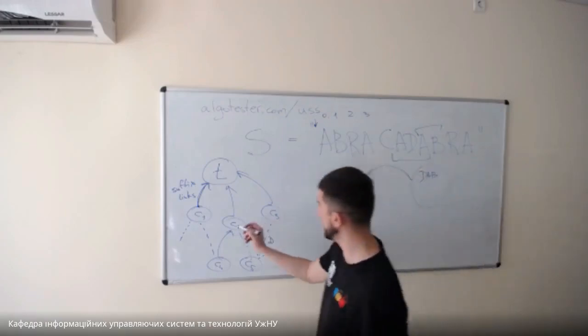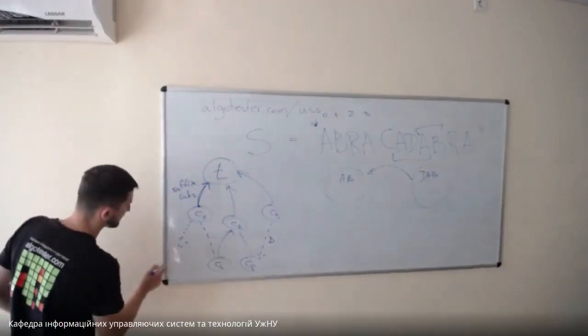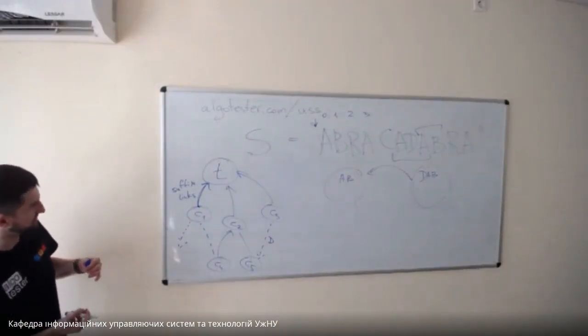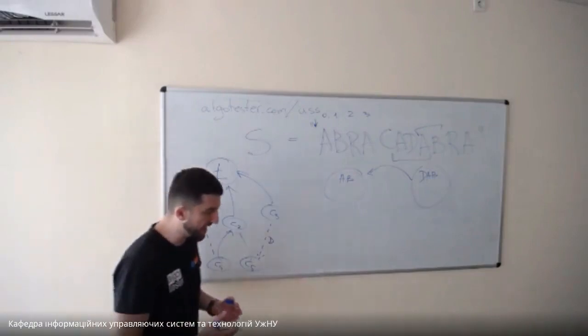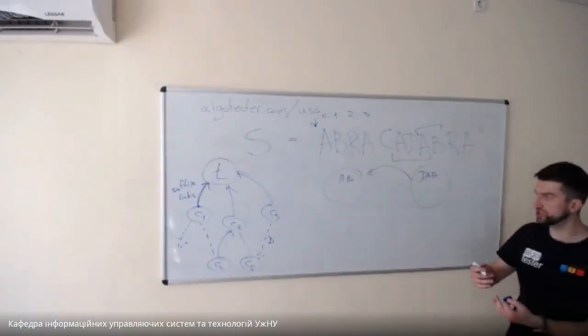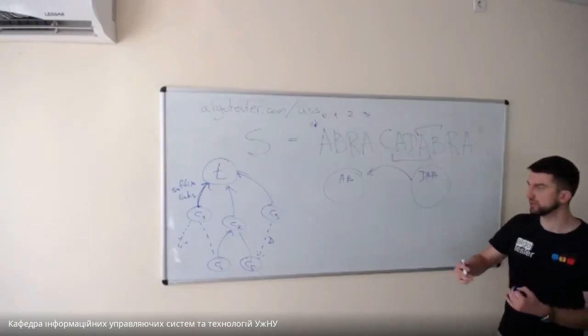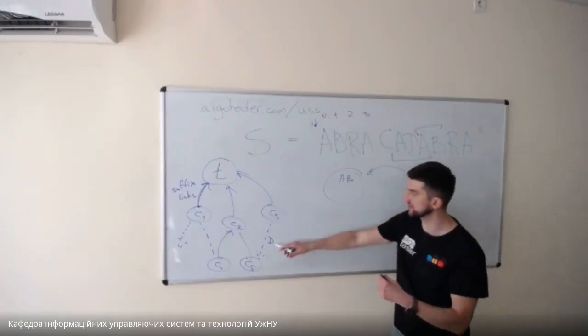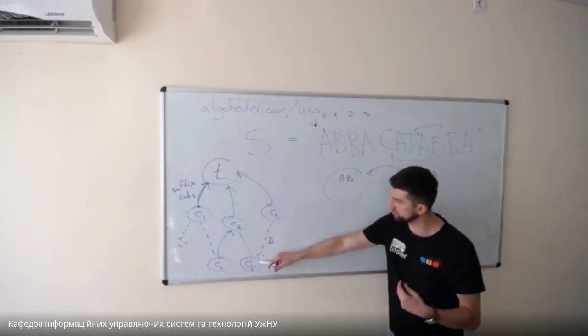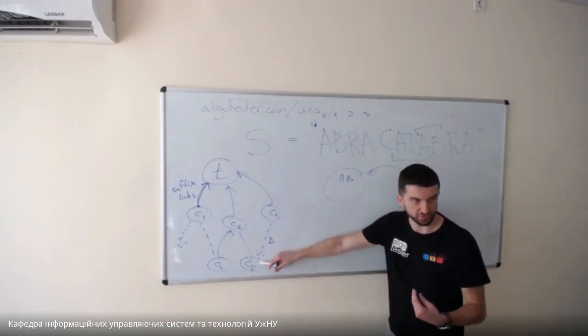And another type of edges are transitions. Transitions are edges of the deterministic finite machine, which means the letters you print when you traverse the automaton.